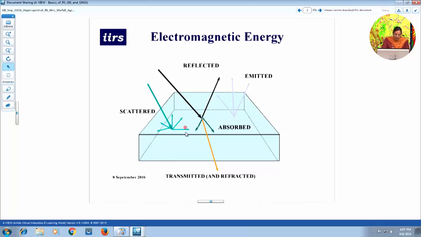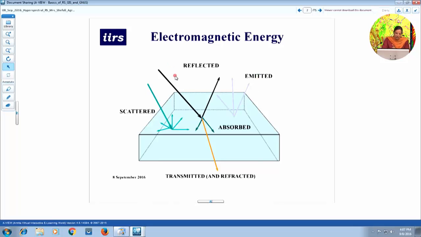This thermal energy can be transferred in 3 ways: conduction, convection, and radiation, and it can emit or radiate itself later on. So the absorbed energy can be emitted or released at a later time, and this energy can be measured during both daytime and night time.